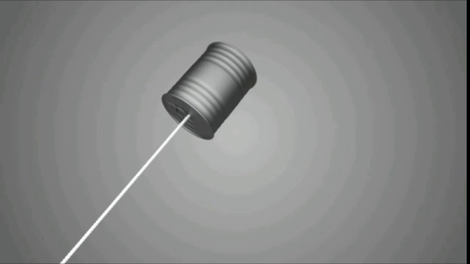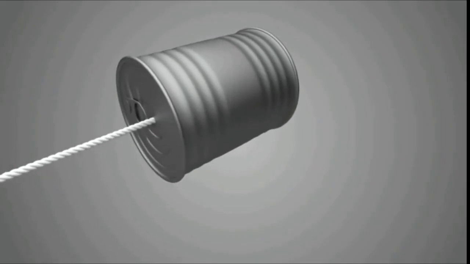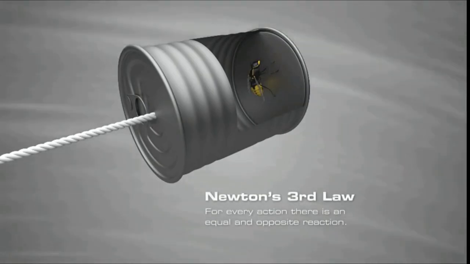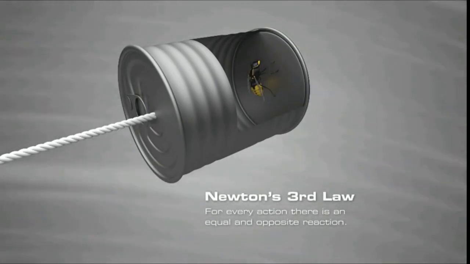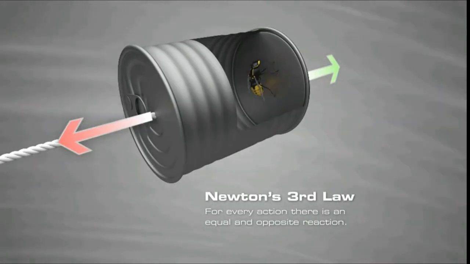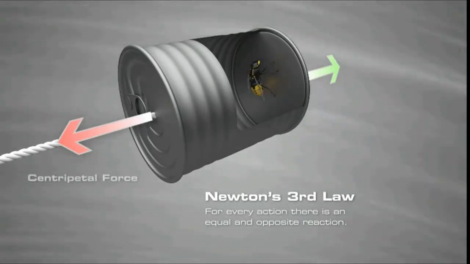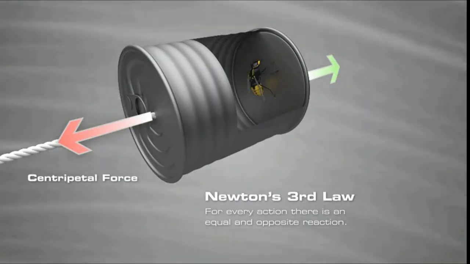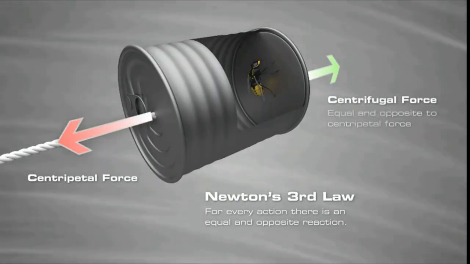There are two perspectives in this example, outside of the can and inside the can. As Newton's third law states, for every action, there is an equal and opposite reaction. From outside of the can, there should be an outward reaction force to the centripetal force. This center fleeing force is known as the centrifugal force.